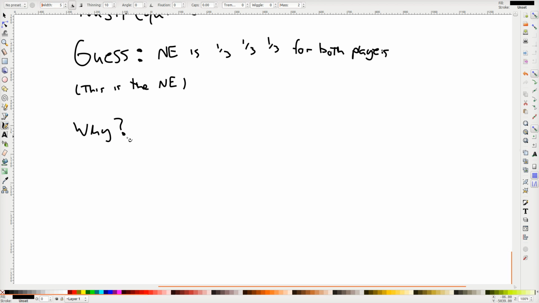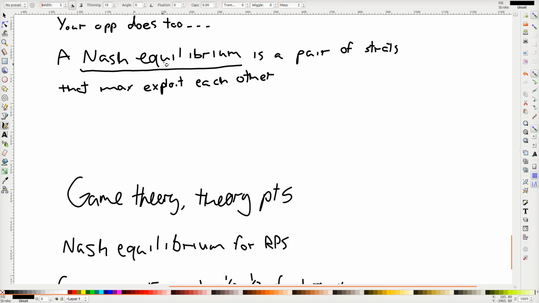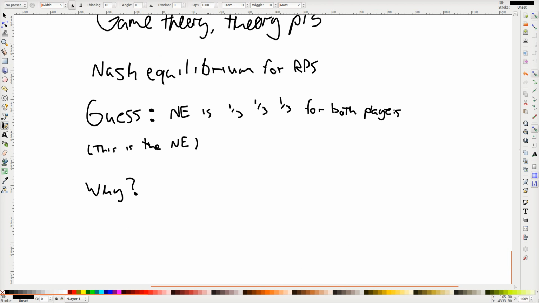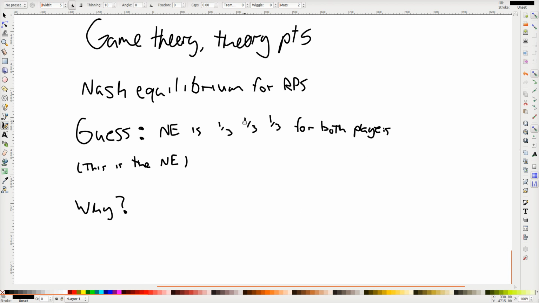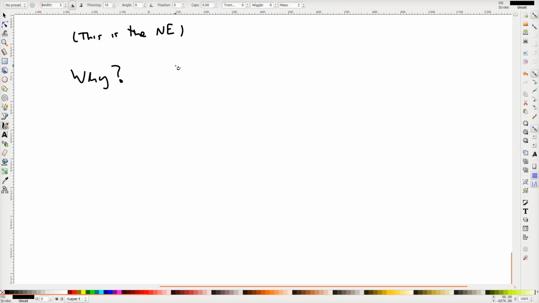This is really an exercise in checking that this satisfies the definition. So recall the definition. Nash equilibrium is a pair of strategies that maximally exploit each other. So we're going to show that 1/3, 1/3, 1/3 maximally exploits 1/3, 1/3, 1/3, and vice versa, of course.